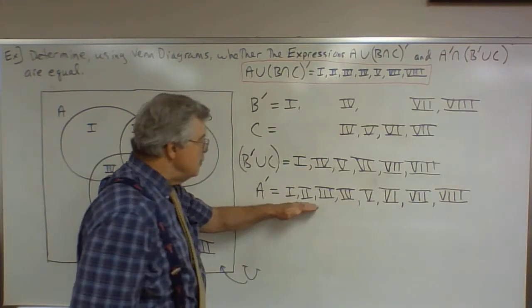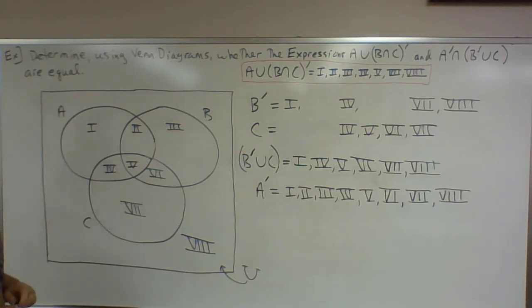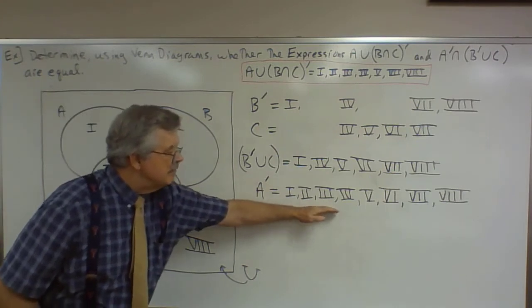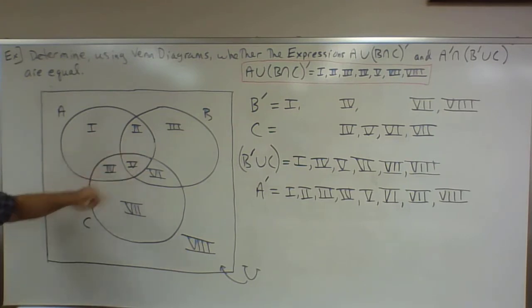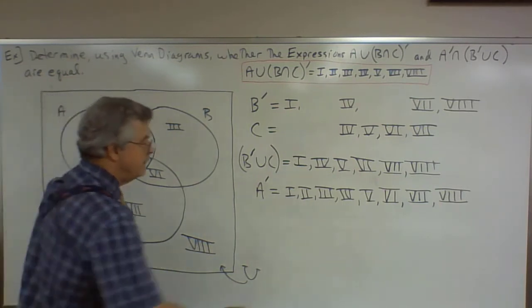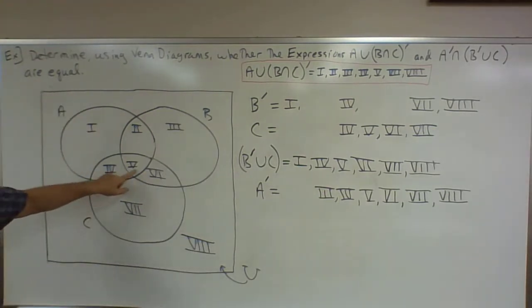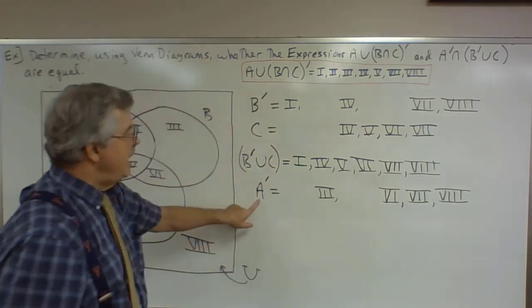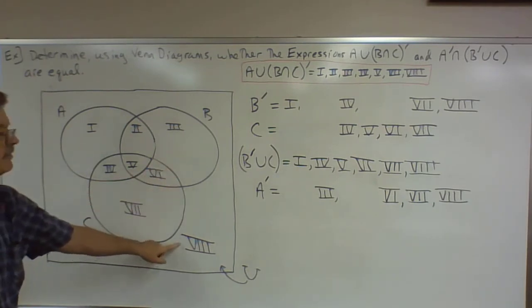And then we'll remove all of these regions that aren't in set A. The complement of A is the set of all regions of the universe that aren't in set A. So we'll remove those regions that are in set A. We'll remove regions 1 and 2. And we'll remove region 4 and region 5. A complement is region 3, region 6, region 7, region 8.